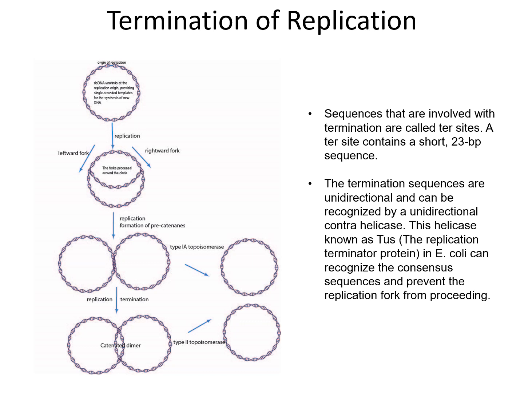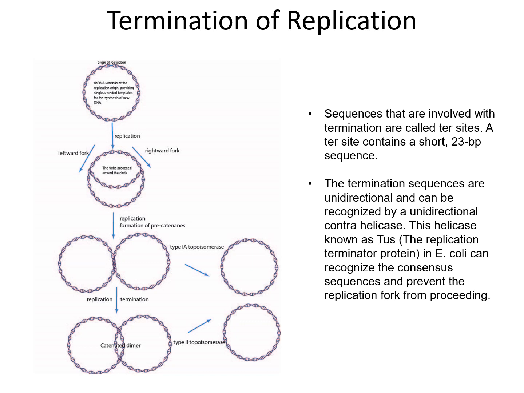Sequences that are involved with termination are called Ter sites. A Ter site contains a short 23 base pair sequence, and the termination sequences are unidirectional and can be recognized by a unidirectional contra-helicase. This protein, known as Tus, is the replication terminator protein in E. coli.